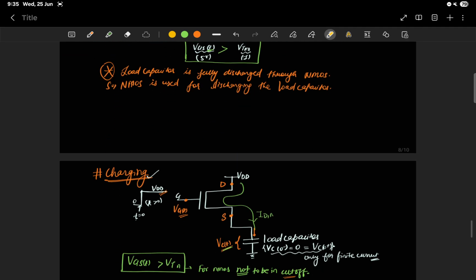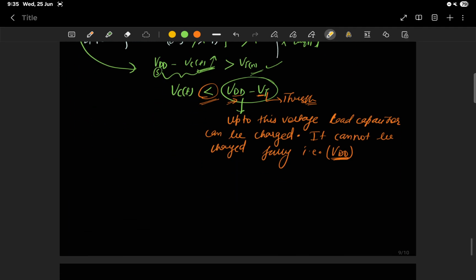After doing the analysis, the analysis is done in two parts. This is solution number 2, or you can say, why PMOS is used as PUN.